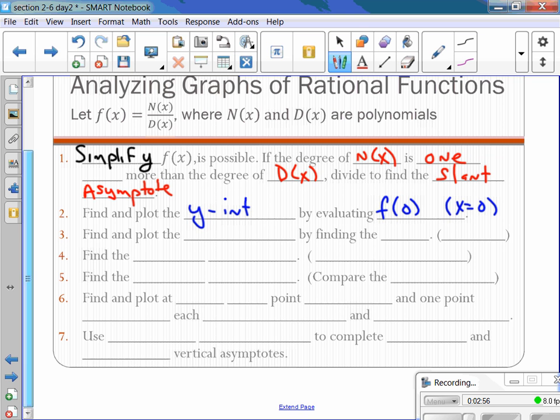After you get the y-intercept, find and plot the x-intercept. How do we get the x-intercept? By finding the zeros. How do you find the zeros? Set f of x equal to 0.